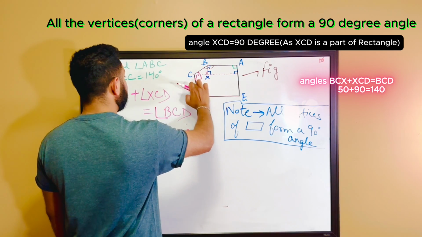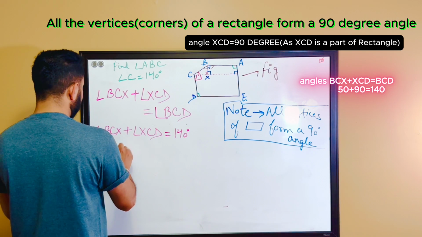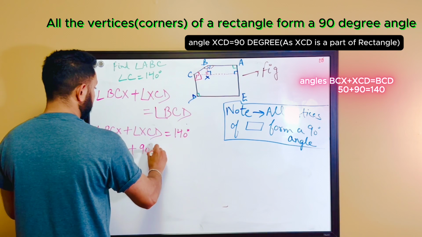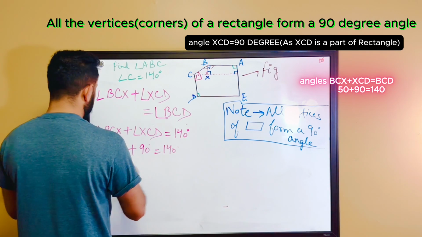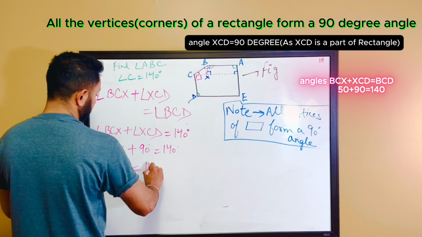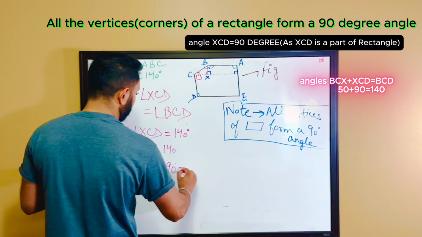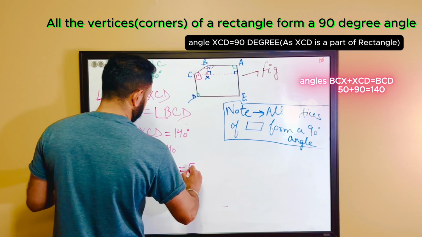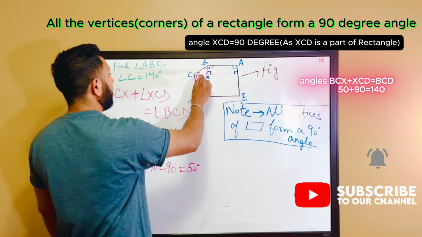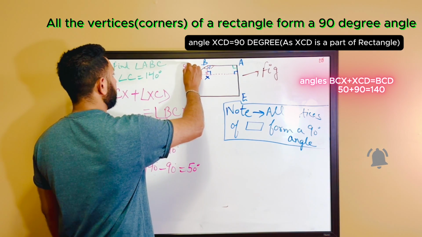That means XCD is 90. So BCX plus XCD, which is 90, is equal to 140. So BCX is 140 minus 90. So BCX comes out to be 50 degrees. That means this angle BCX is 50 degrees.